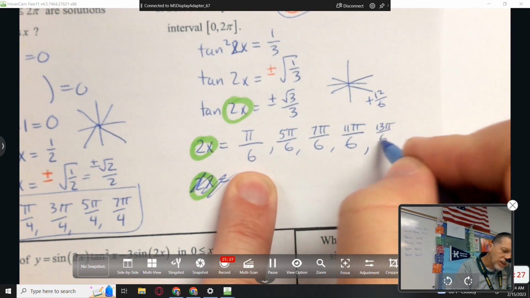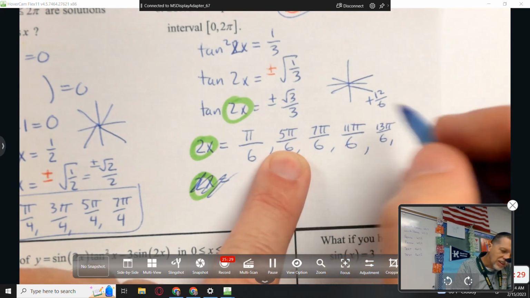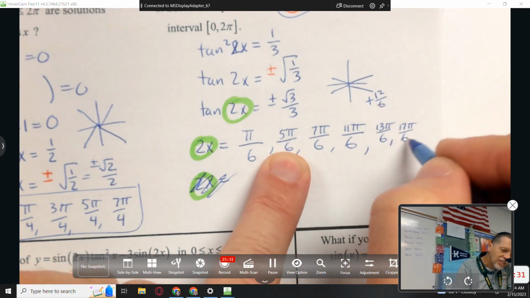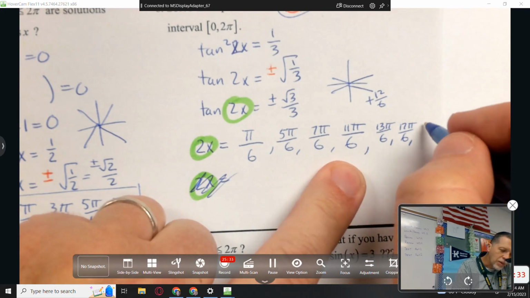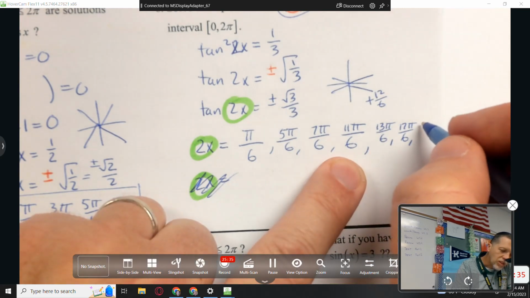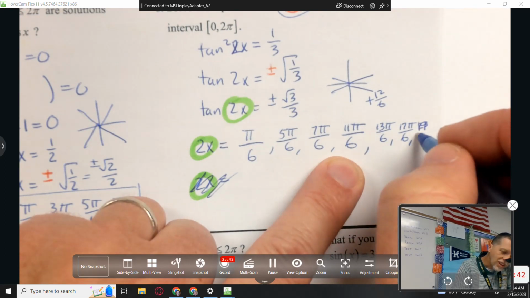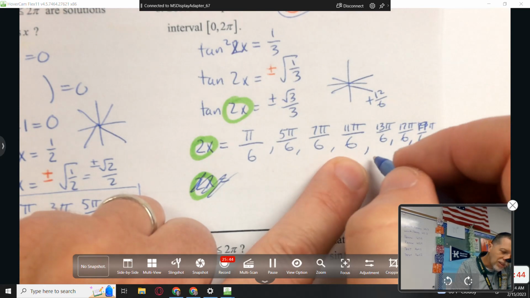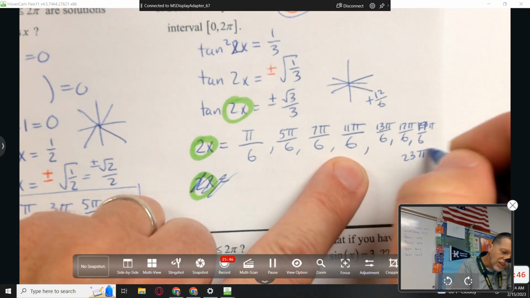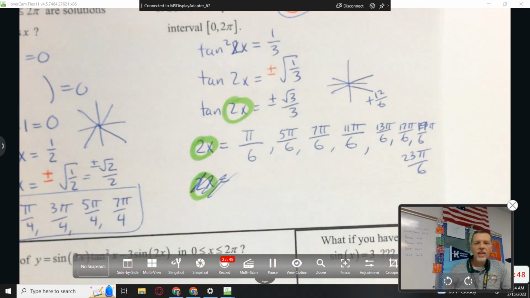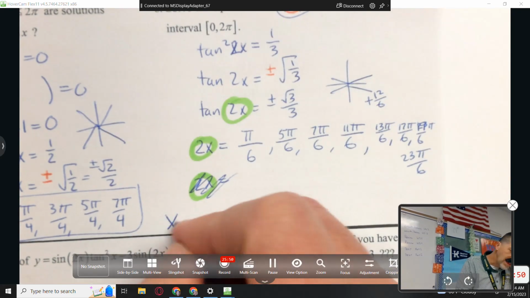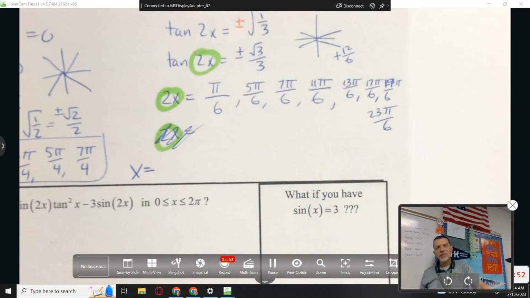So 13 over 6, 17 over 6. I should have planned ahead better. 23 over 6. No, I missed one. 19 over 6. And then 23 over 6. This time I'll plan ahead and start a little further left.